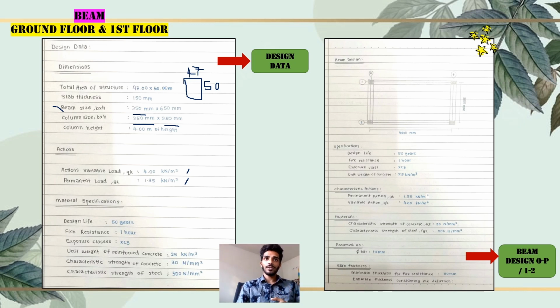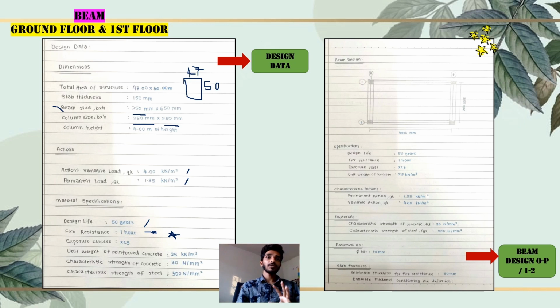Then we go to the material specifications. Under this material specification, we have to identify six kinds of design criteria, which are the design life, which is equal to 50 years, and the fire resistance, which, as we know, for concrete is 1 hour basically, which is a constant in every calculation.